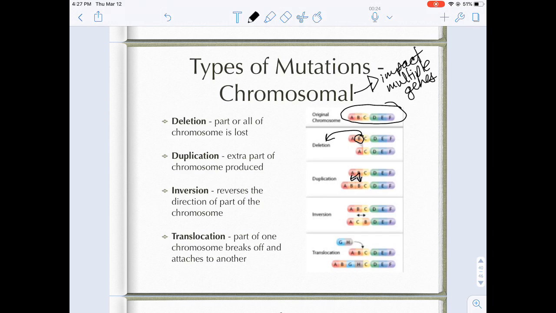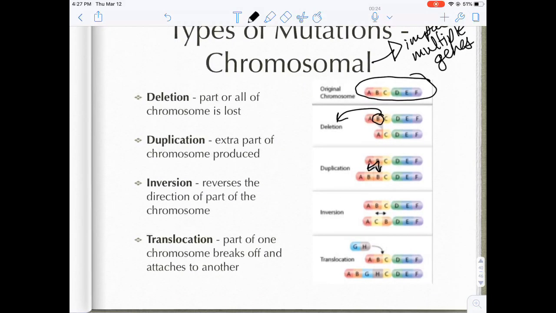So inversions occur when sections of the DNA are mismatched in terms of their order. That's going to cause some problems in terms of meiosis and crossing over, because what if it was to cross over at this point?